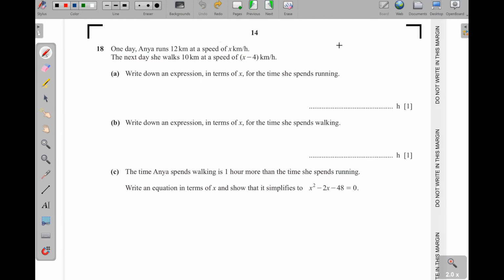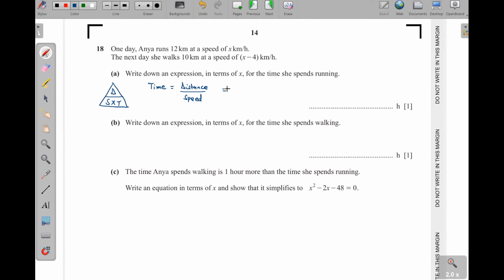Now, we know that using this triangle here, speed times time will give us distance. Whichever I want, I just cover it. For example, here we need time. So if I cover this one here, that means I will get distance over speed. So time is equal to distance over speed.